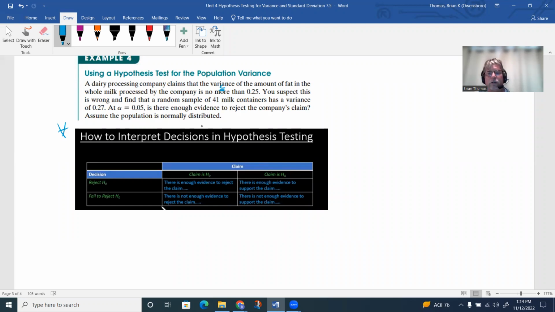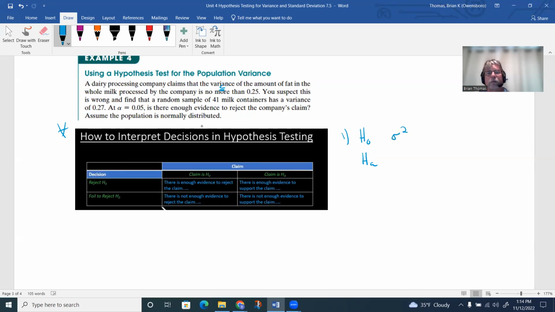So the first thing is your hypothesis. What is your null hypothesis and what is your alternative hypothesis? Notice how the less than or equal to is the claim. That's going to be part of the null hypothesis. Since today we're talking about variance, variance is going to be sigma squared.